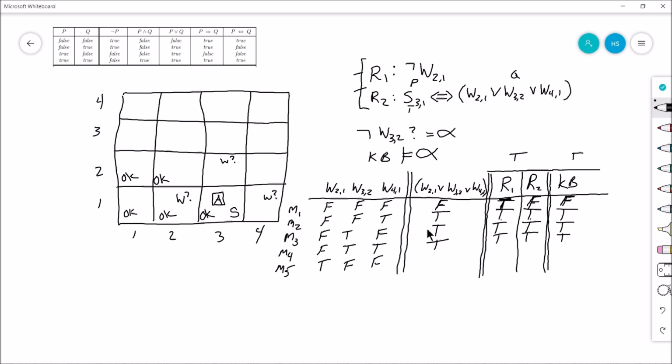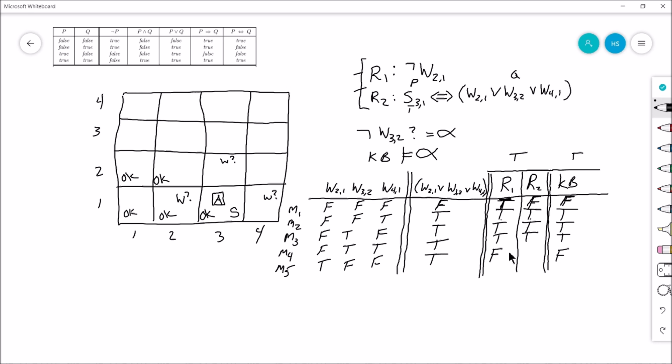Okay, so since we have a true for W21, that part of the bidirectional is true. Okay, now what about R1? Is that satisfied? No, it's not satisfied, which means that this knowledge base is going to be false. So we're going to disregard it when we go to evaluate whether or not the wumpus is in square 3,2.